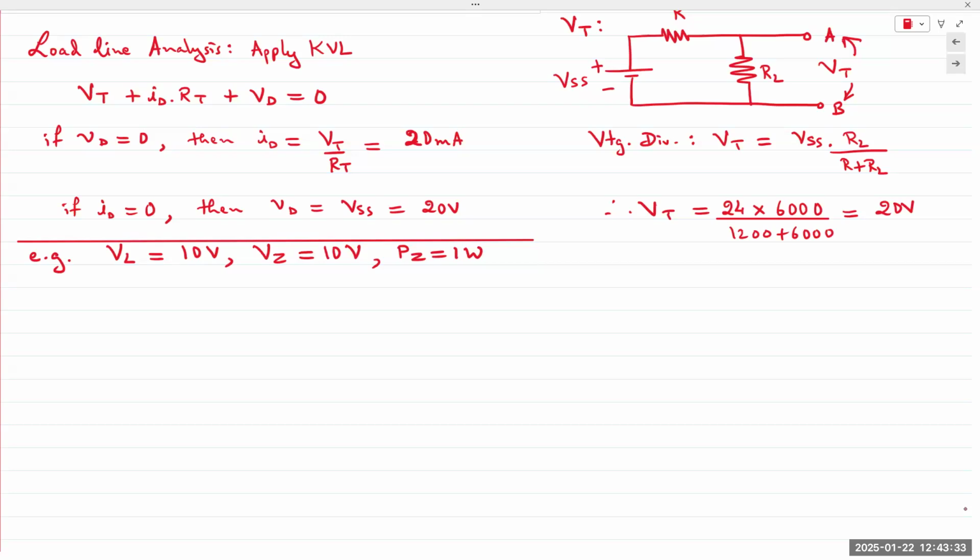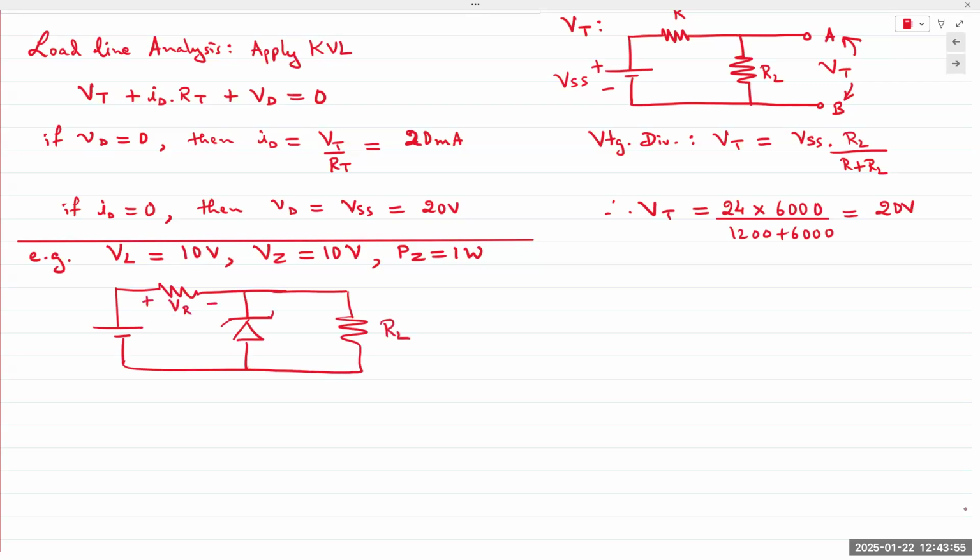Let's redraw the circuit down here. So then we have VR, we have the Zener diode, and we have RL. Plus minus VR, and I'm going to simply state VL. VL is equal to VZ. Those both are in parallel. And then this would be VSS.